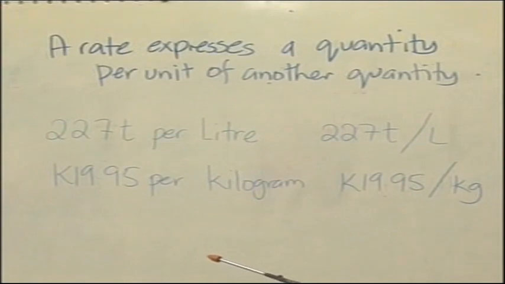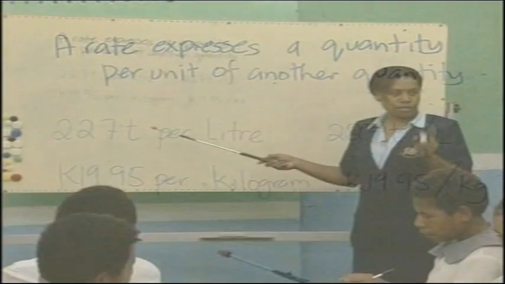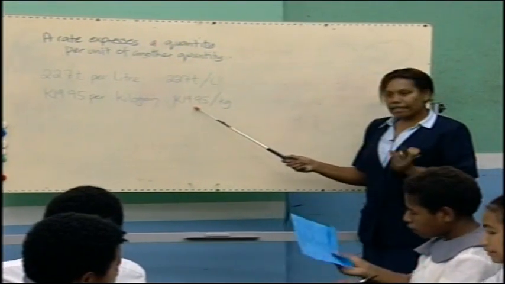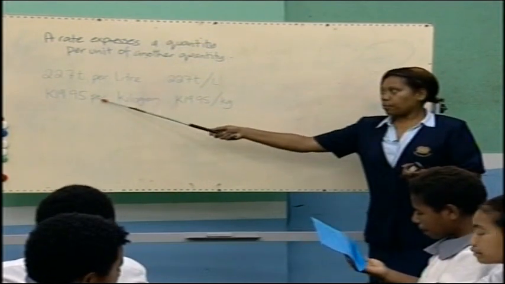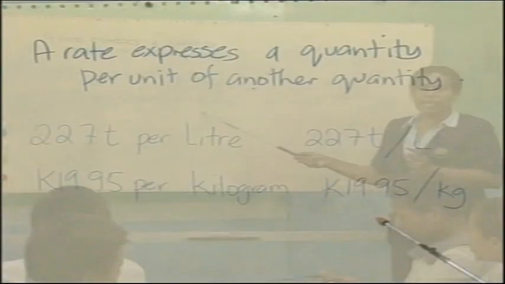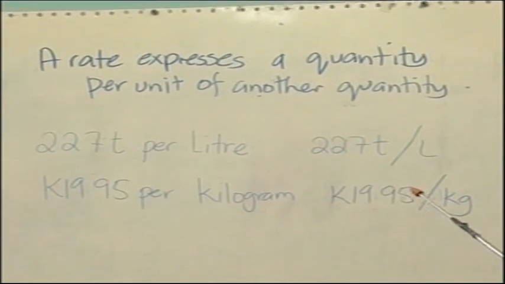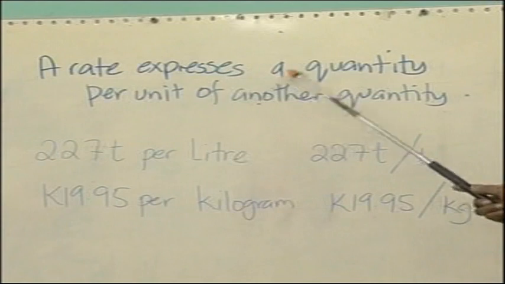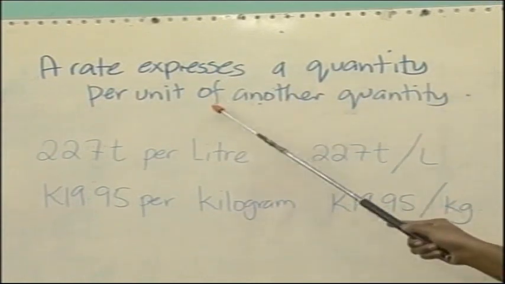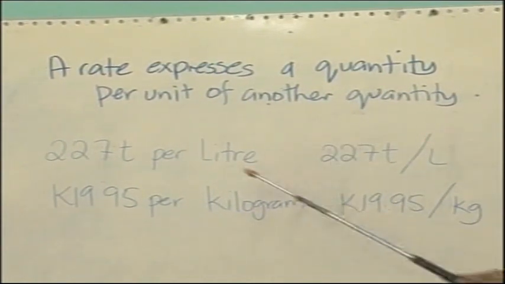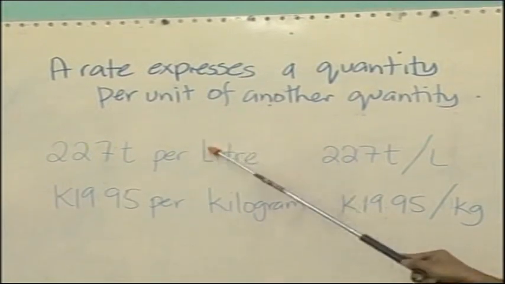Another kilogram will cost another 19 kina, 95 toea, and so on. So when we write it out as per, we use the symbol: 19 kina, 95 toea per kilogram. So this expresses a quantity per unit of another quantity.